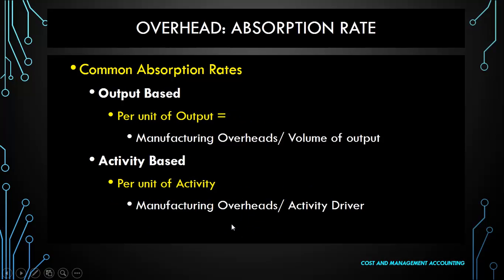So the common input based absorption rates are direct labor rate, machine hour rate, or a percentage of labor cost. But if it is output based, sometimes it depends on the volume of production. So it is not just labor or a machine, but the volume of production. In that case, the absorption rate will be manufacturing overheads divided by the volume of output. The output of production is taken as the basis for determining the overhead absorption rate.